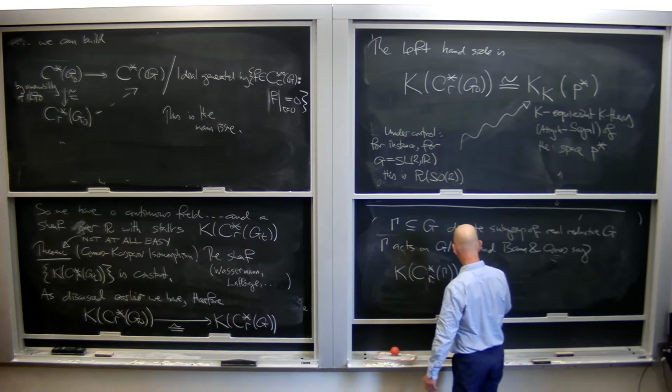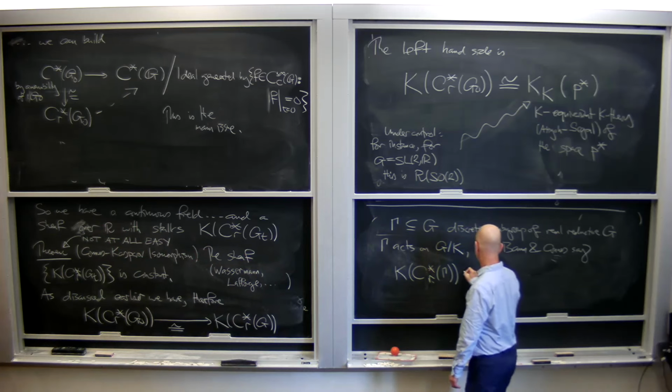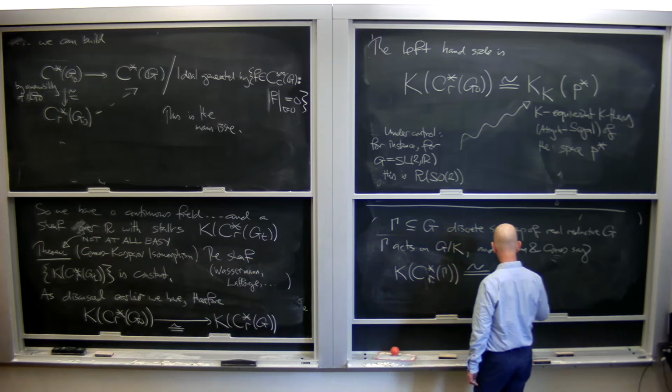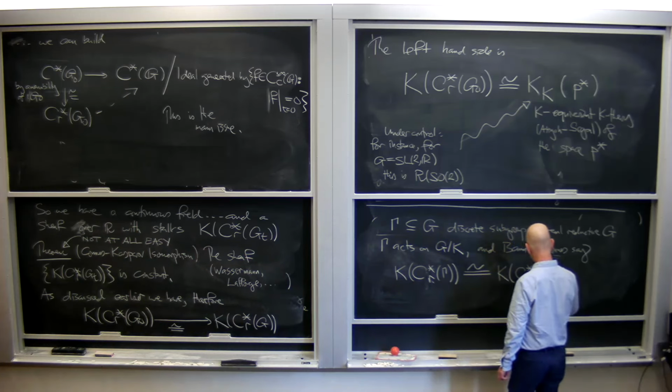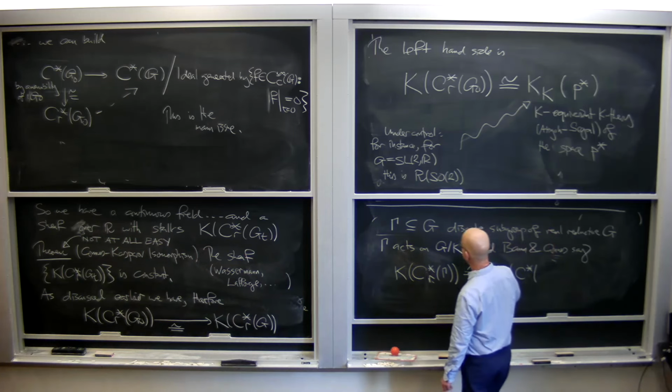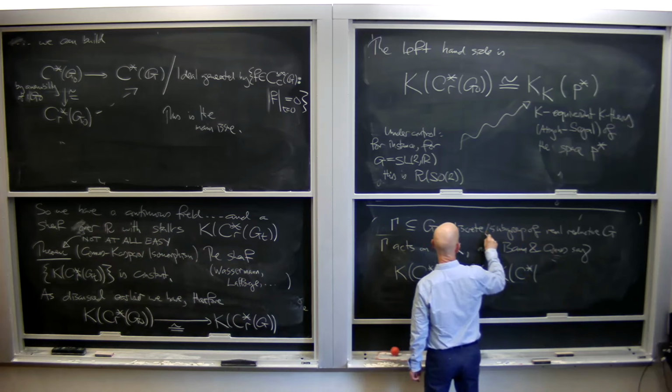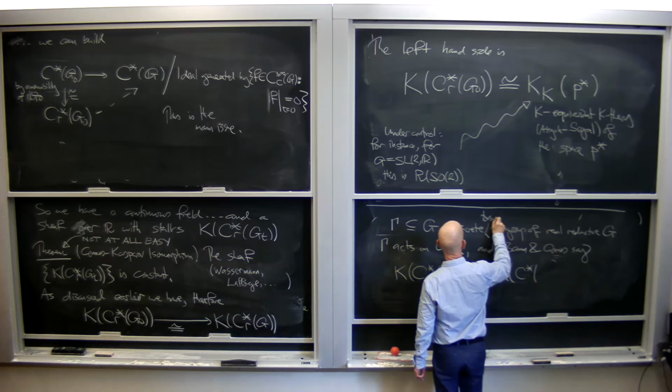Oops, now I built the map in the wrong way. Let's make my life a little bit easier. Let's just assume this group is torsion free.